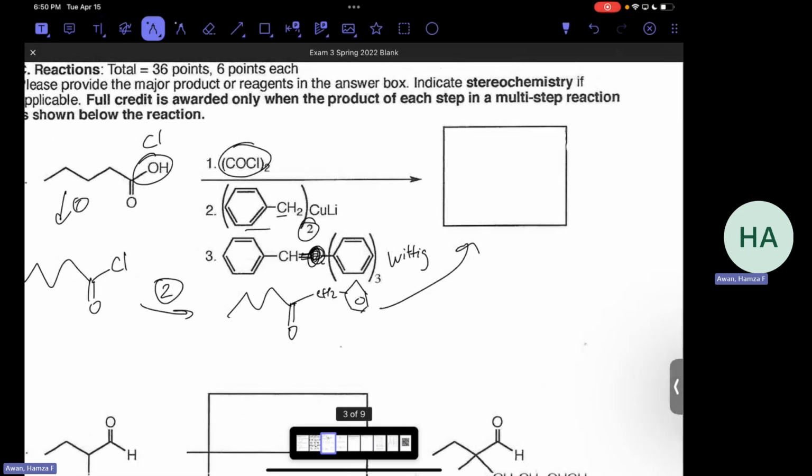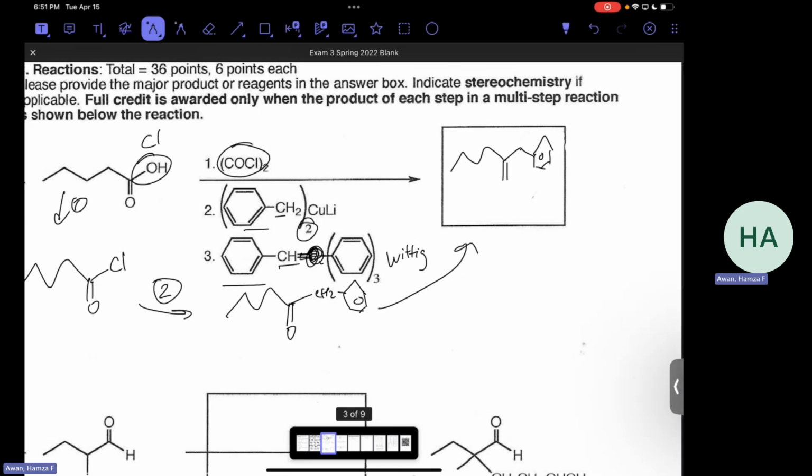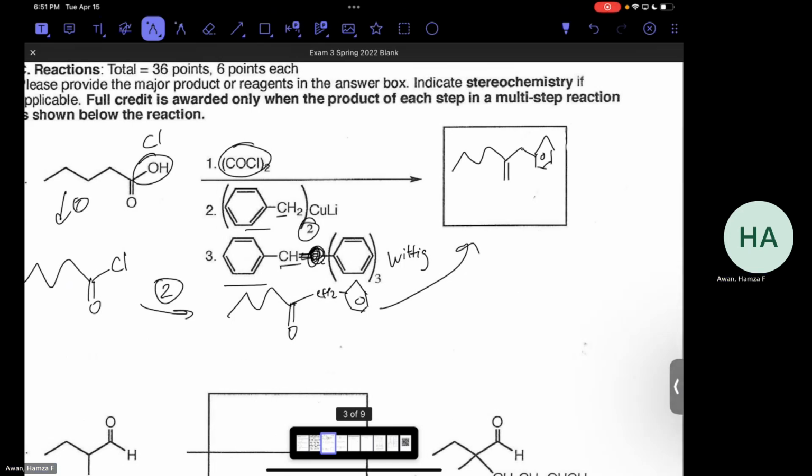So what that looks like is just this. Okay, and then I'll add the CH2 with the double bond first. And then now we have to put our CH in the benzene group right here. So this is going to be our CH bonded to our benzene group.